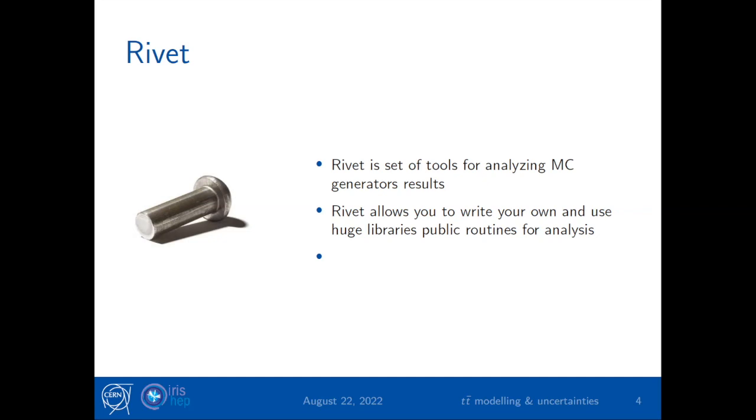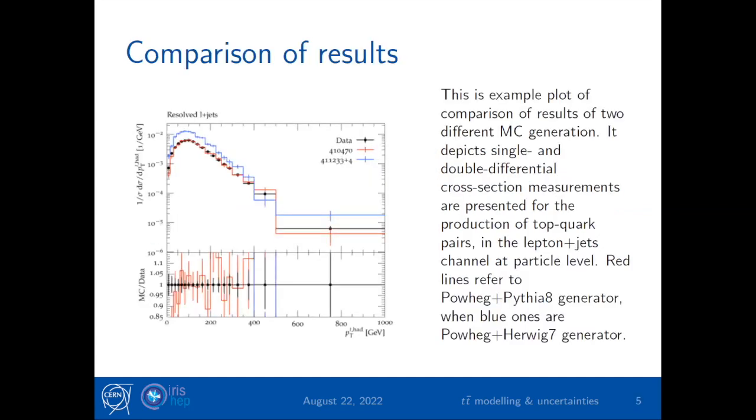The purpose of my project actually is looking through different Monte Carlo generators, looking at what the difference between them is, and trying to understand which are better for simulating top-quark pairs.